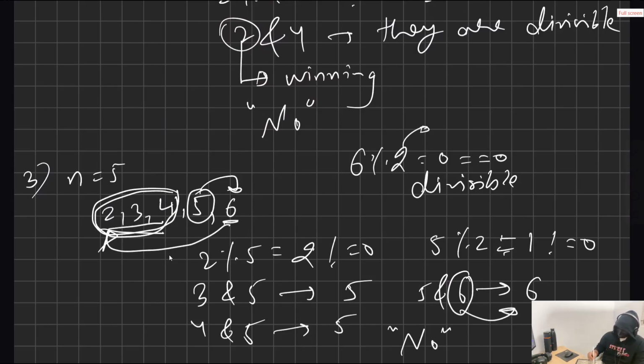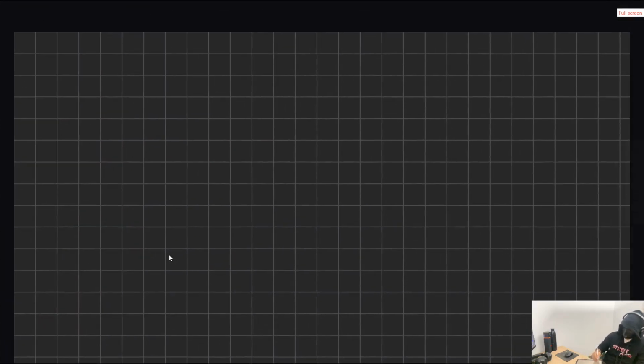One thing to note down is that when we took 5, it was winning against all other cards. This is one of the crucial observations. Now let's take n as 4.